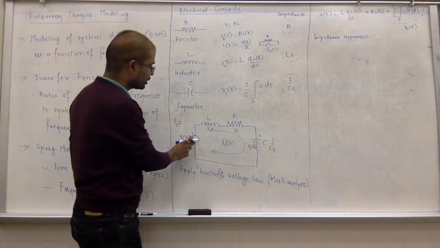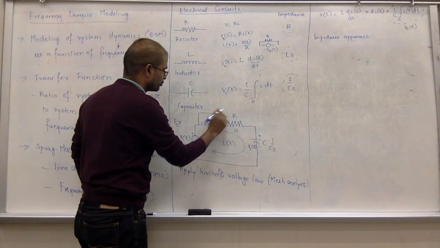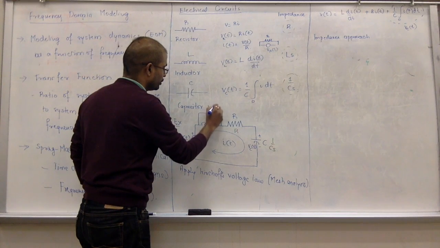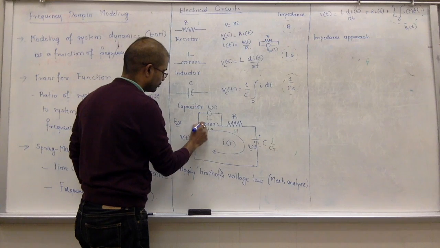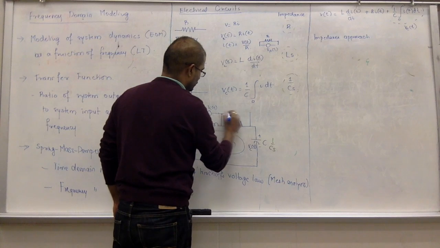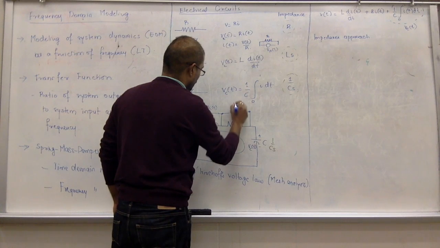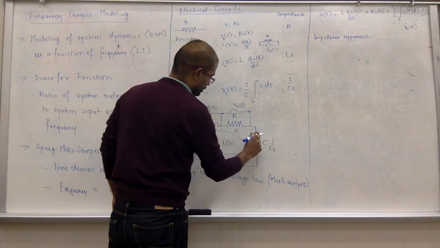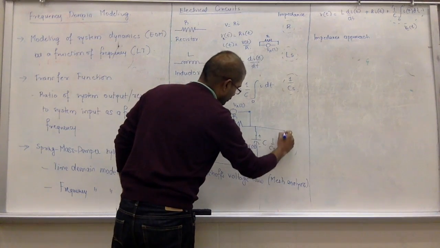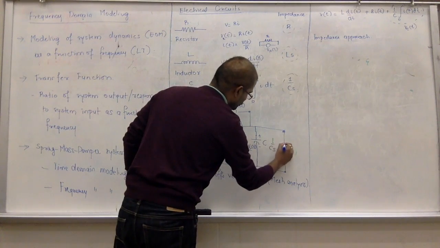So what this voltage gets divided into is V L of t, V R of t, and V C of t.